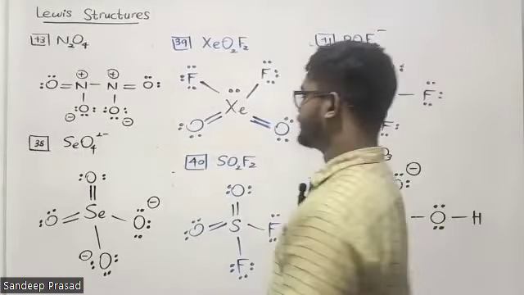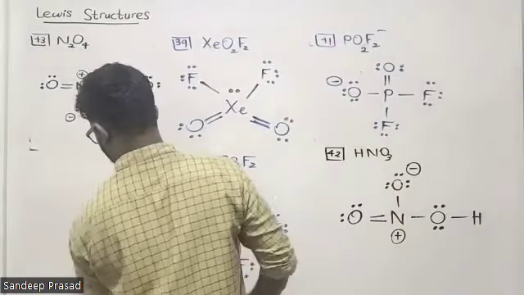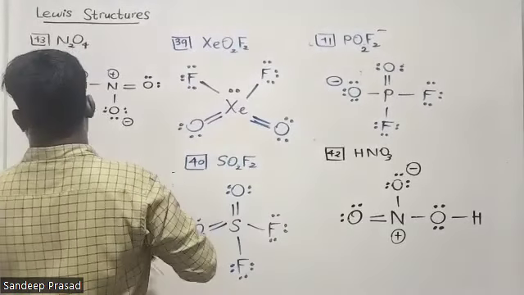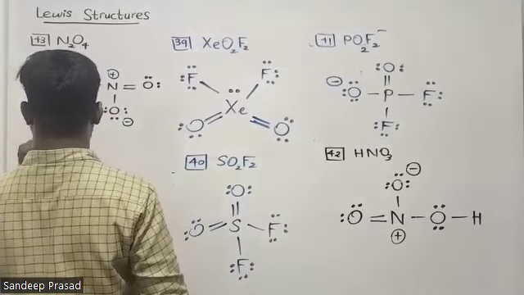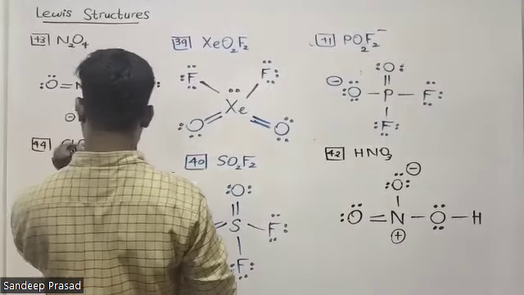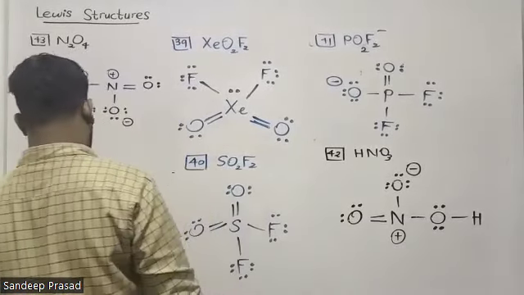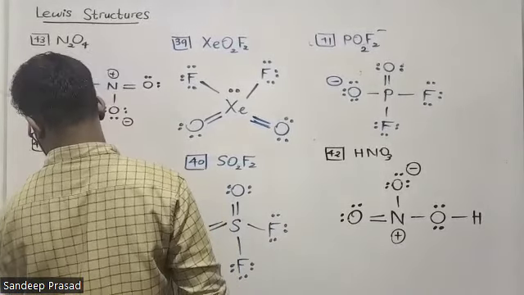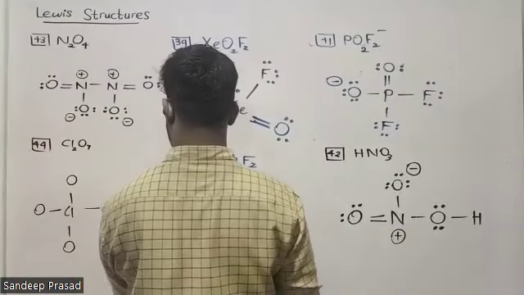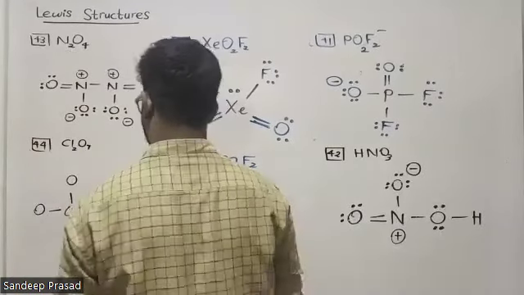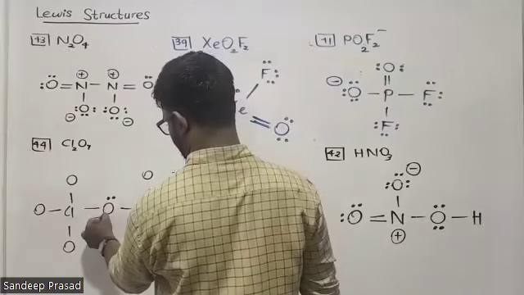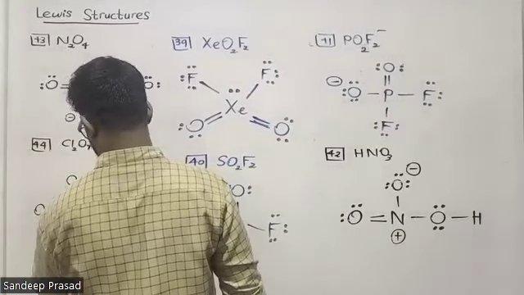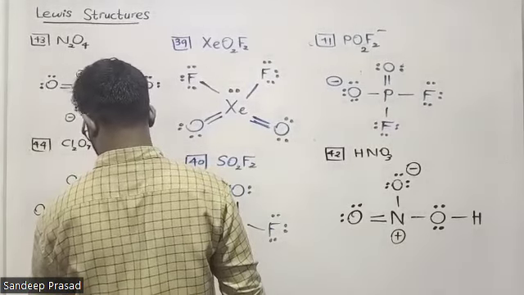Next one, Cl2O7. I will give you the skeleton, don't worry. So this is neutral. Students, therefore, what I'm going to do is make everything a double bond.